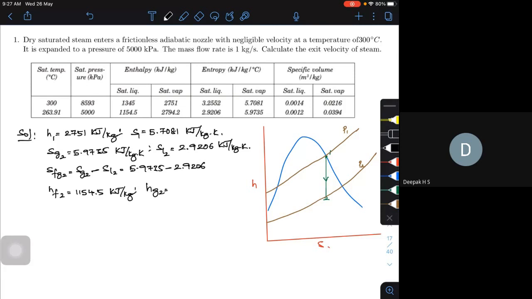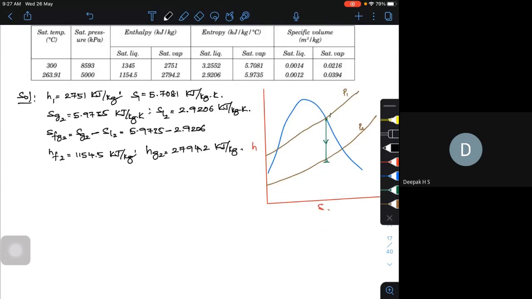Hg2 is equal to 2794.2 kilojoules per kg. Then HFG2 is equal to Hg2 minus HF2, that is 2794.2 minus 1154.5. So I got all the values.